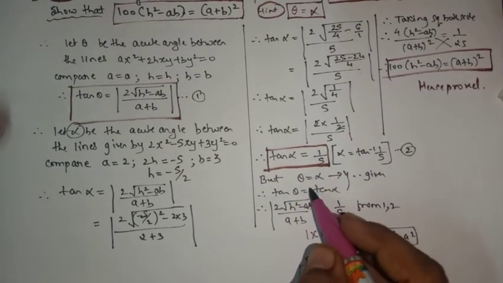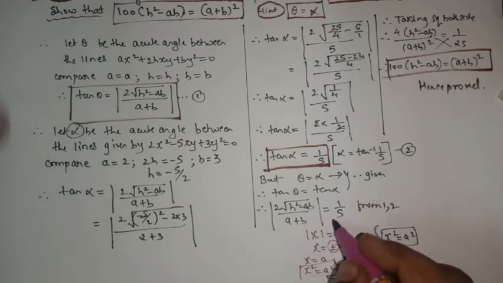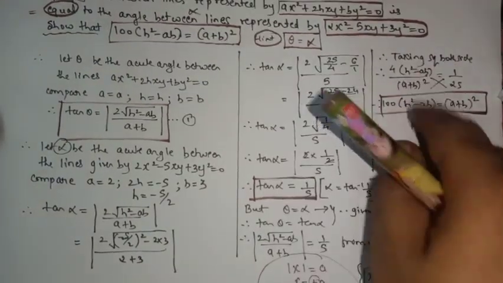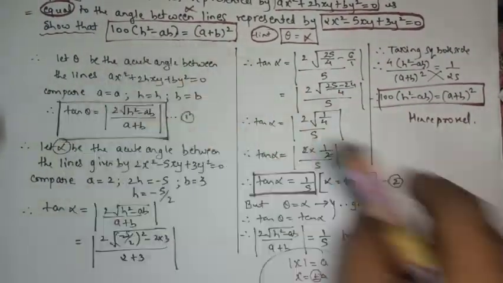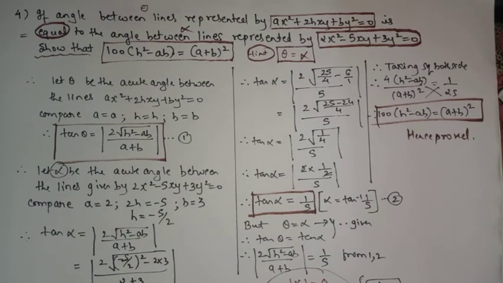As we know theta equals alpha, substitute the value. No need of showing this part, it is understood. When you take square, you will get only one answer. Cross multiply, and you will get the required answer. I hope you understood the method, that is type number 5, based on measure of acute angle.